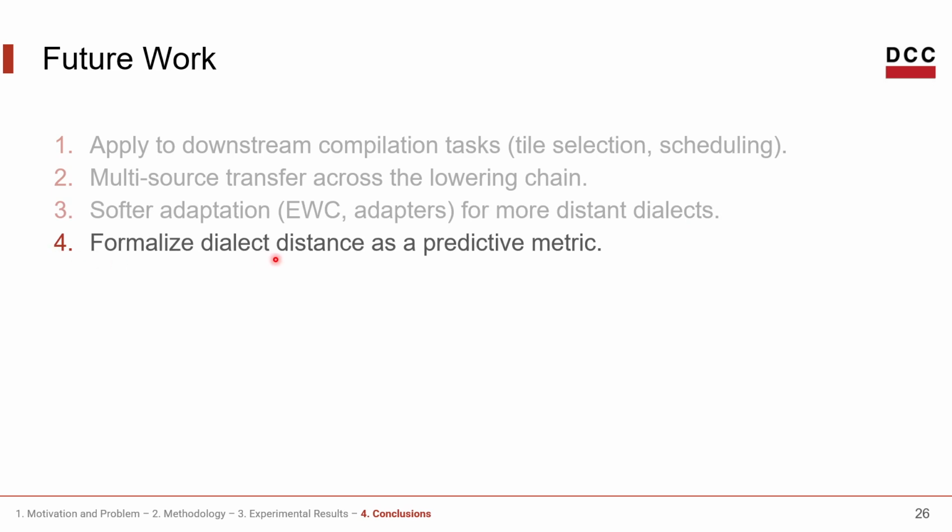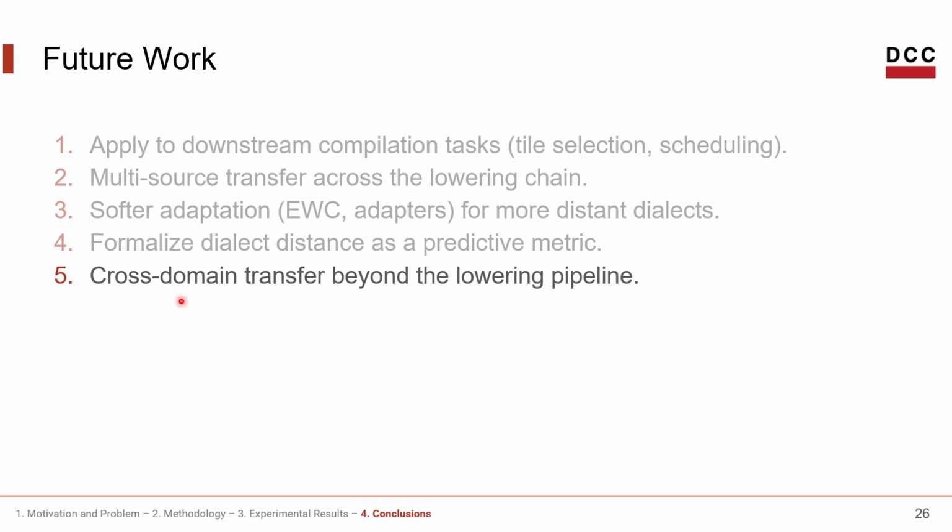Fourth is to formalize dialect distance as a predictive metric so people can have at least some idea whether or not the approach is going to be effective. And lastly, cross-domain transfer beyond the lowering pipeline, which is basically testing if the pipeline works among two dialects that don't have lowering between them.